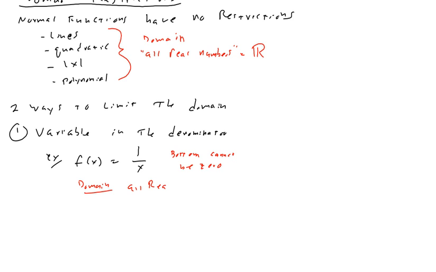Everything else is fine, except x equals 0. So we have our restriction. Everything else is fine, but the one thing I am not allowed to plug into this equation is a 0.